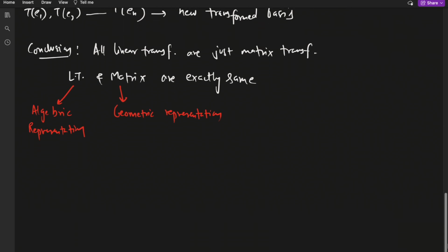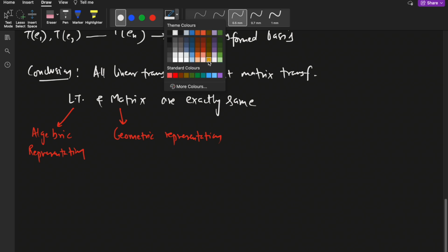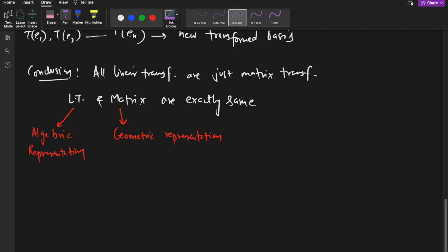Now let's do an exercise so that you get much better clarity. Do we have any better color? I would say this one. All right.